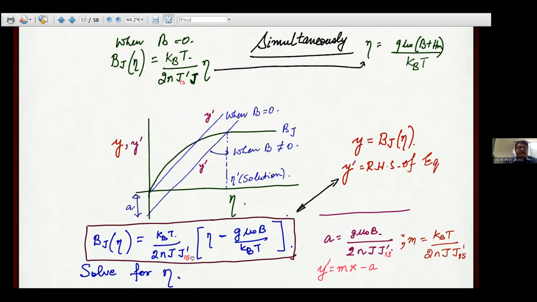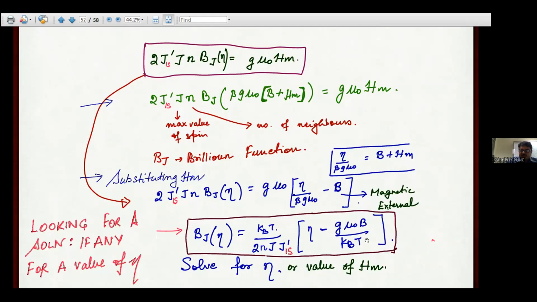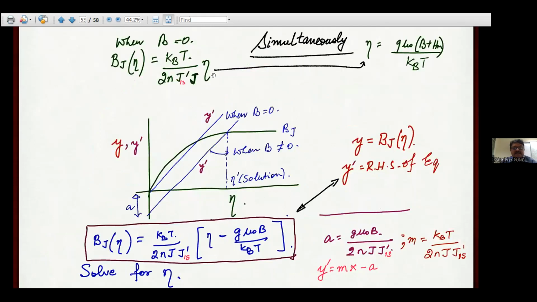So when B equals 0, note that on the right hand side of the equation there's an external magnetic field B, and if B equals 0, this relation becomes the Brillouin function equal to, on the right hand side, kBT by 2nJJ dash into eta.